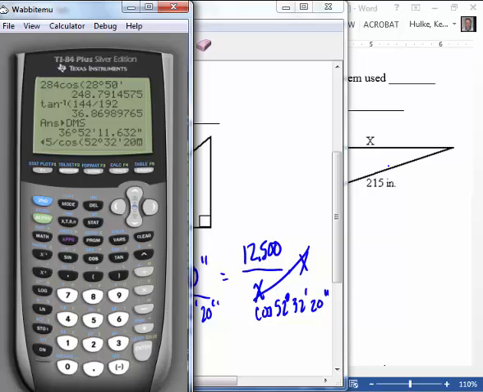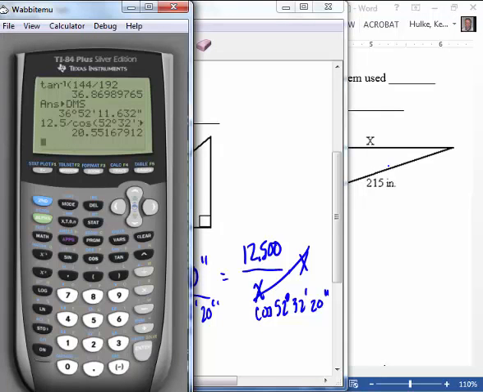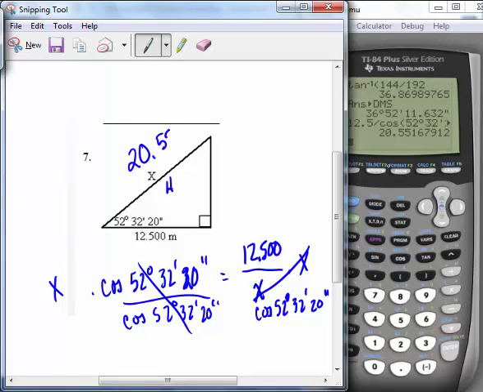Alpha, forgot which one it was. Plus? Yep. Is 20.55 or 20 point. Now we have to get 5 sig digs. I didn't notice that before. 1, 2, 3, 20.552. 5 sig digs. Okay, next one.